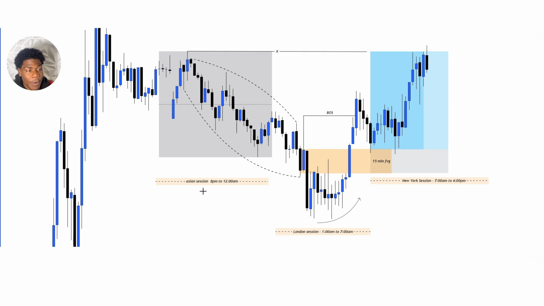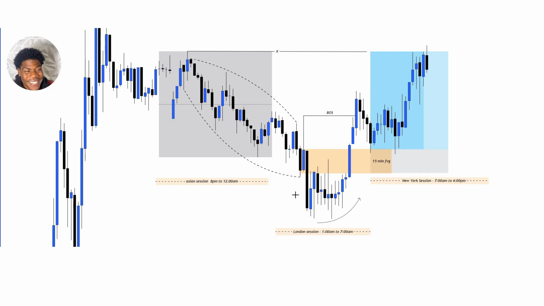You can see right here our Asian session plays around this specific time, so we can expect our accumulation stage to happen during this specific time. And then the London session will purge down lower to give us a buy model based on the trend or a sell model based on the trend. But in this trend right here, we have this buy model.